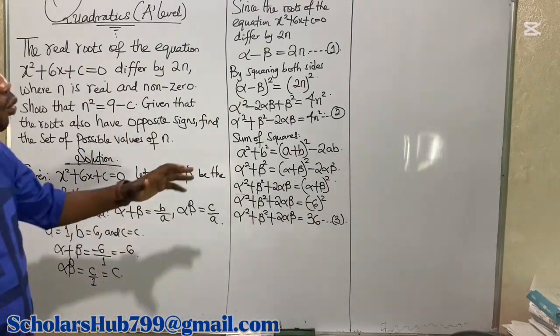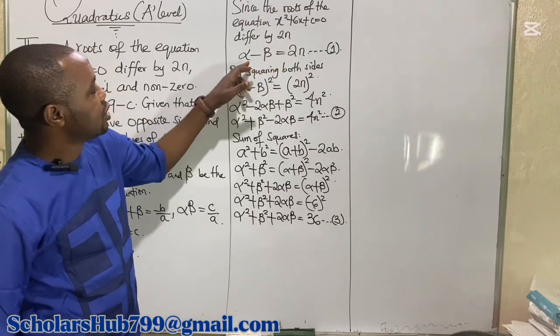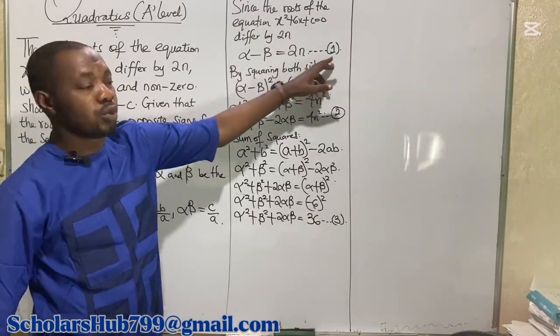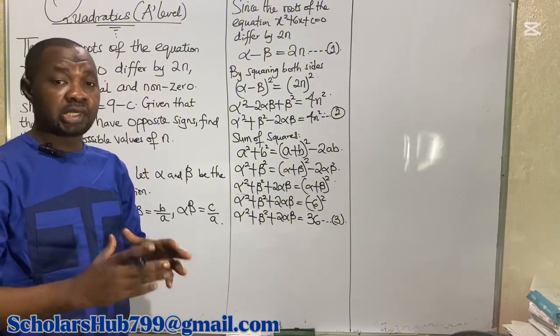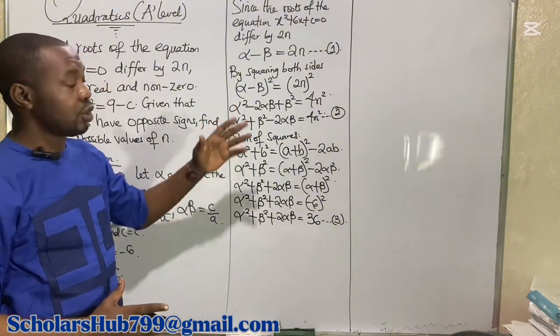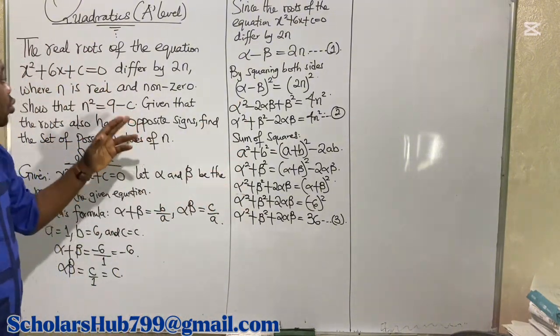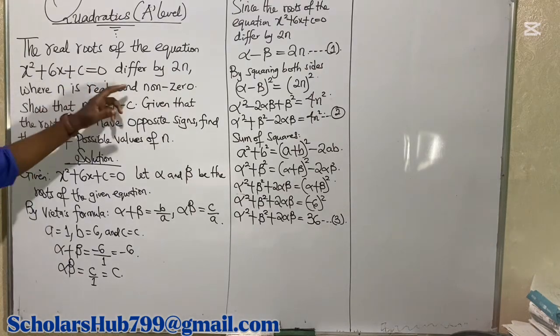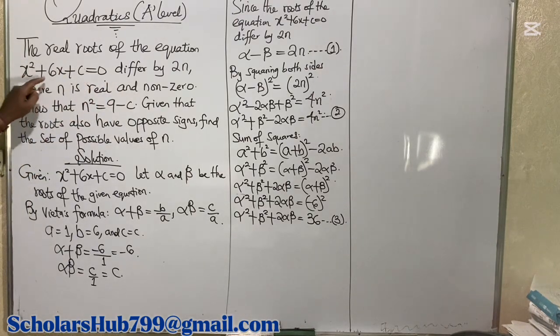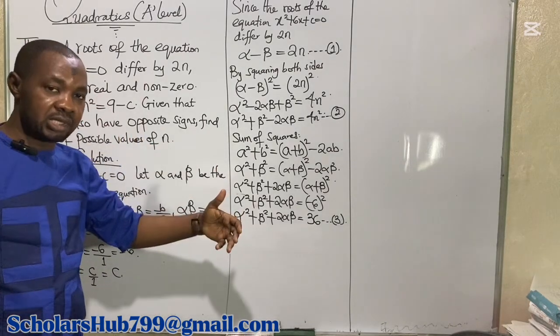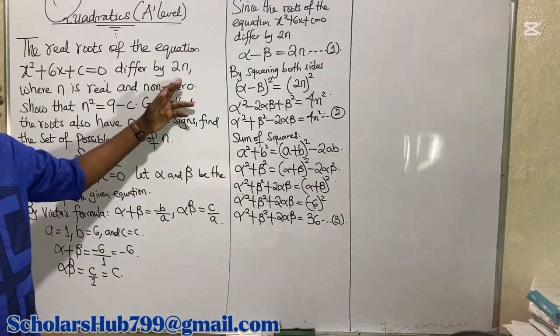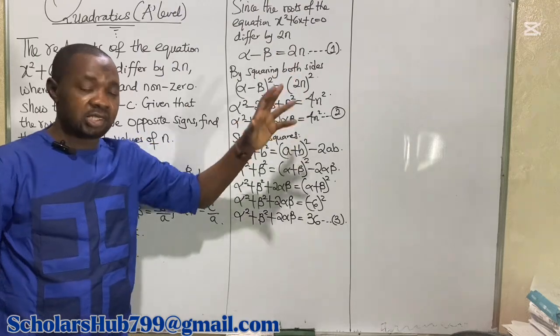Okay, now why this has to be called equation 1 is because the first equation we need to set up for this question is the equation whose roots, that's the given equation, are alpha and beta, so they differ by 2n, and that's what we have here. That's the first equation.